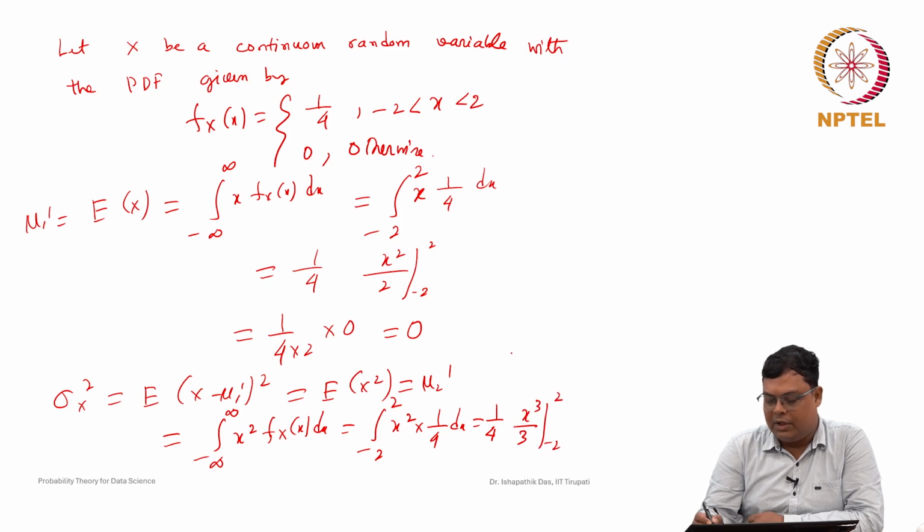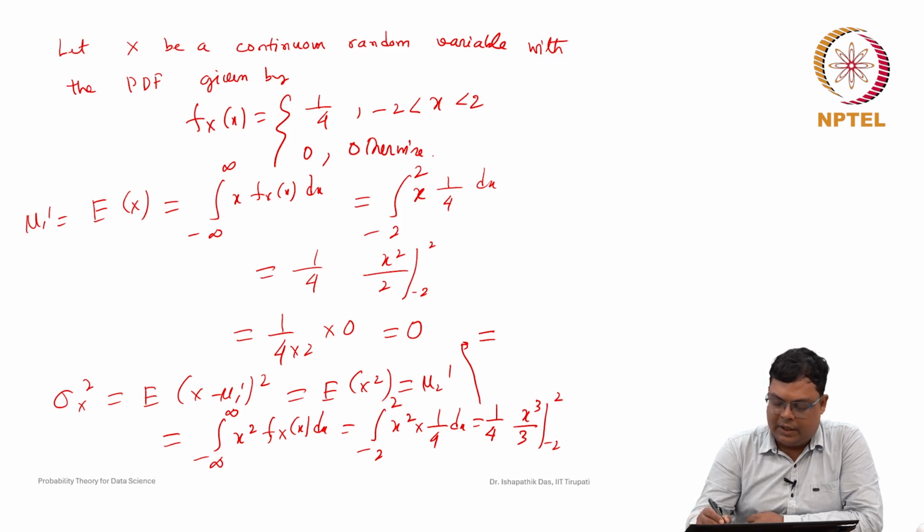So, if you put the limits, this is 1 by 4 into 3, that is 1 by 12, and then 2 cube, plus again -2 whole cube, which will be minus and minus again plus. So, it will be 2 into 2 cube, which is 2 to the power 4.